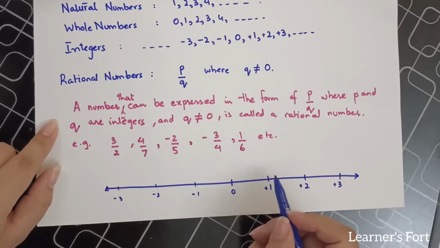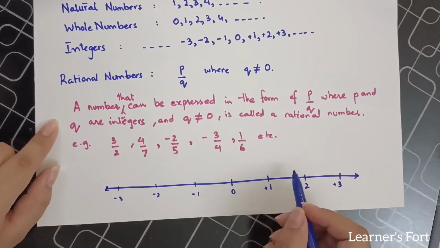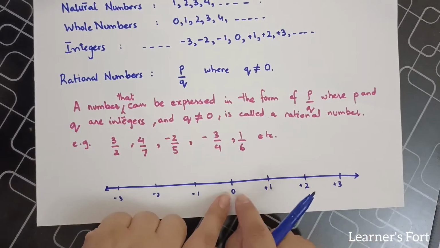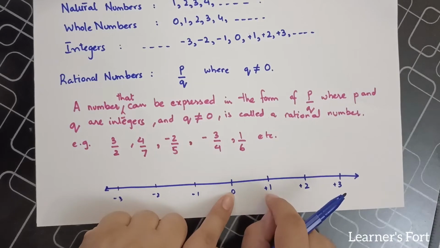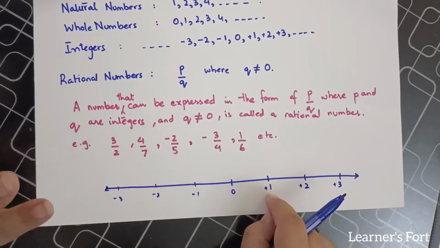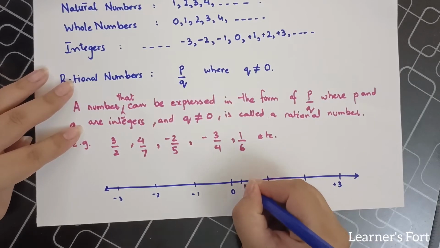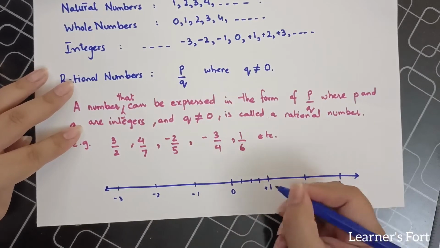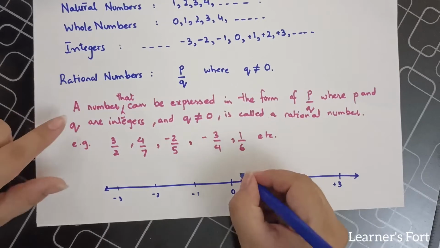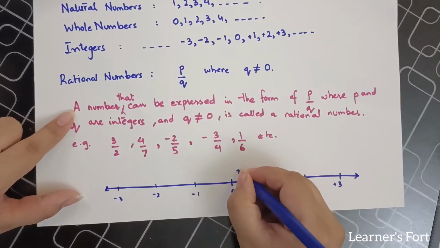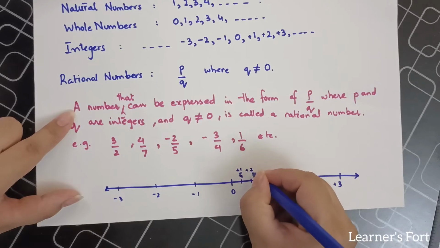If we divide each of the spaces between numbers on a number line by 4, then at this point we will be getting positive 1 upon 4, positive 2 upon 4.